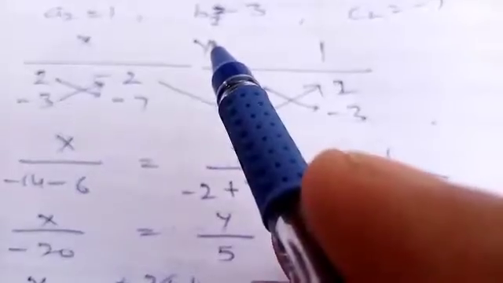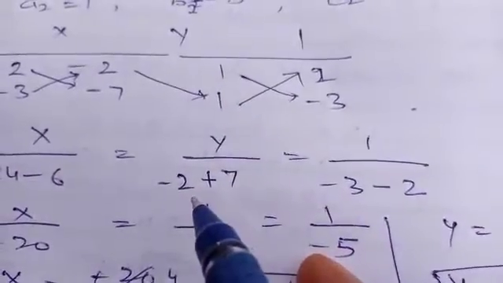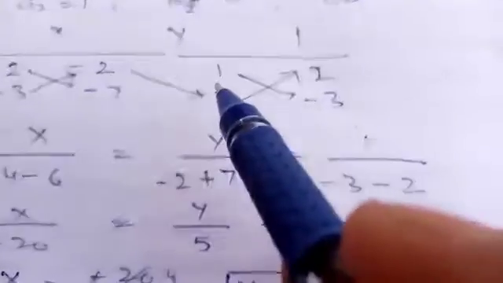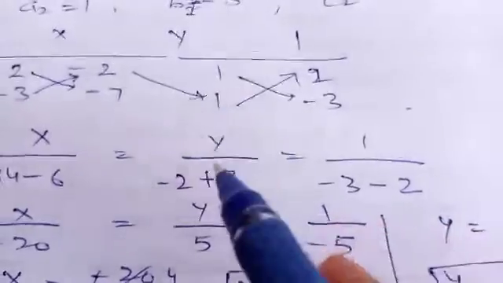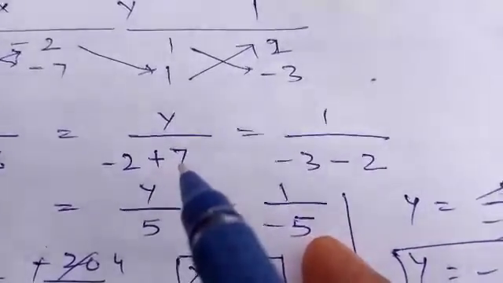Similarly for y: when we find the value of y, we multiply minus 2 by 1, which is minus 2, and there is a minus in the formula, then minus 7 times 1 is minus 7. Minus minus makes plus, so 7 is positive.